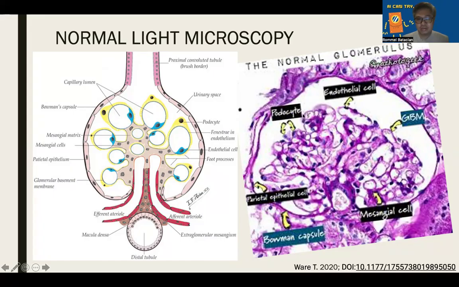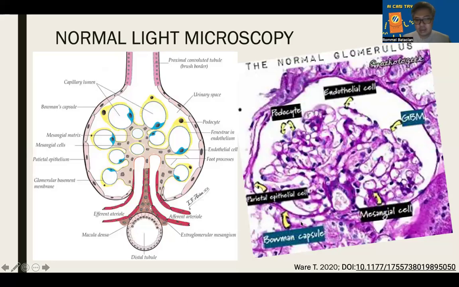And then there are the podocytes, very important in the selective barrier in glomerular physiology. And then the glomerulus is surrounded by the Bowman's capsule and the endothelium. And then the supporting cells of the glomerulus, which are the mesangial cells.